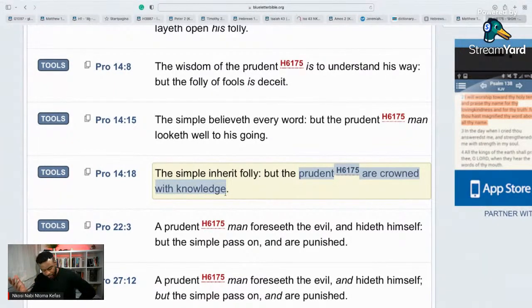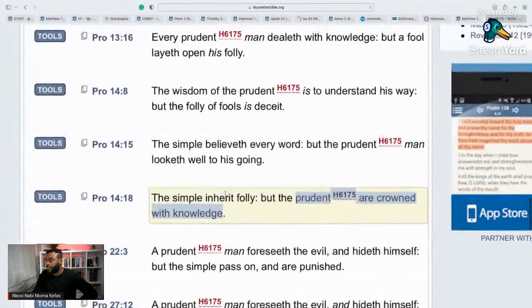So we see here that the serpent, who is called subtle, is a creature of wisdom and knowledge.